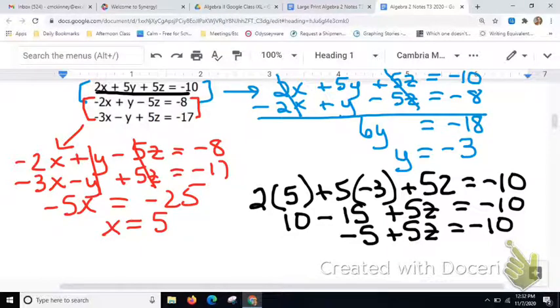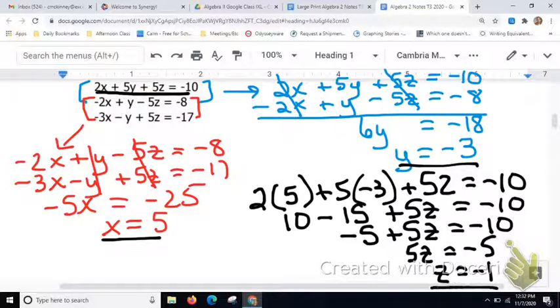Add 5 to both sides. Divide by 5. And I get z is -1. So now I have a value for x, y, and z.